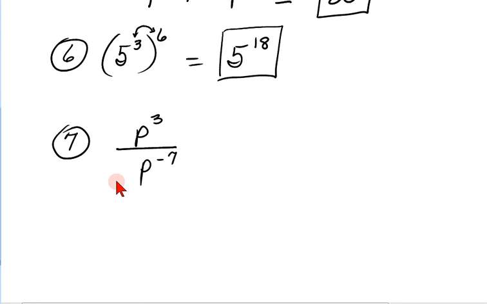But the way that I suggest that you do it is, do I need to use the power rule? Do I need to use the product rule? Do I need to use the quotient rule? Yes. So I recommend that you use the quotient rule first. And then if you've done that and you still have a negative exponent, then you change it. And by the way, I didn't write the property up on this other problem.